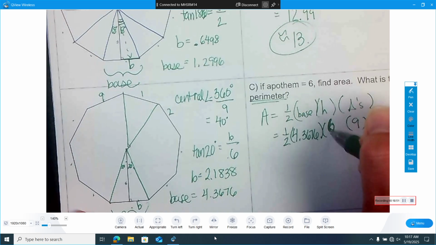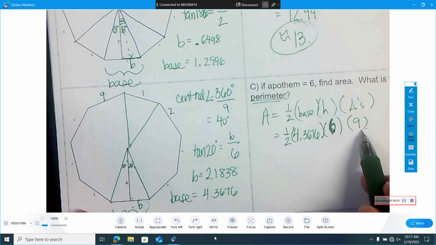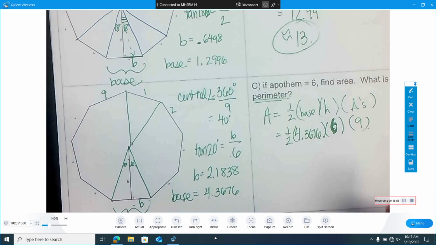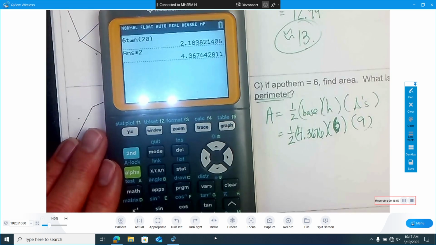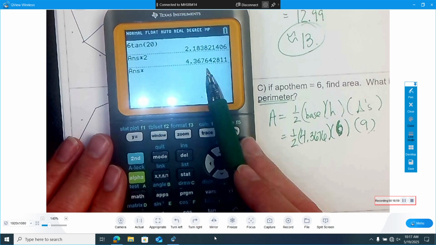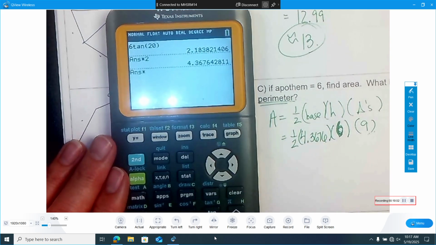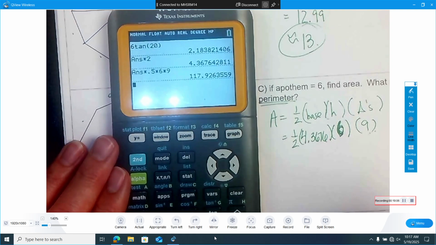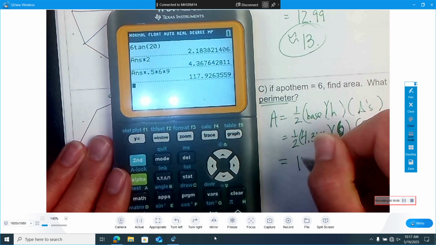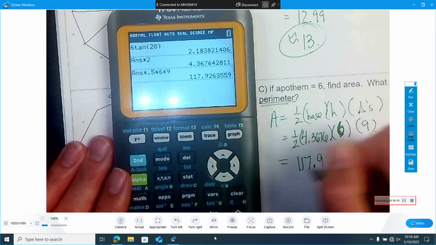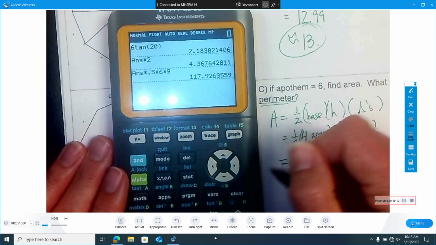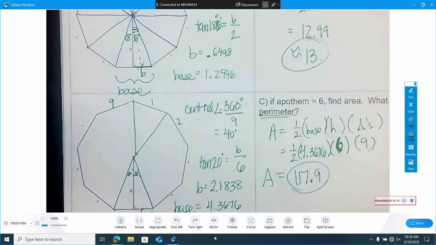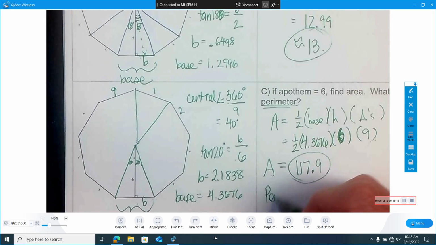And then how many triangles do we have? 9. All right. So I'm going to take that 4.3676 and times it by the 1/2 and times it by 6 and times that by 9, and I get 117.9 for the area.